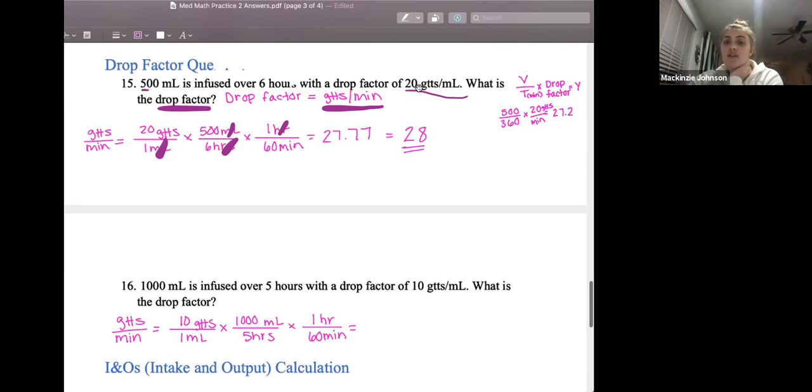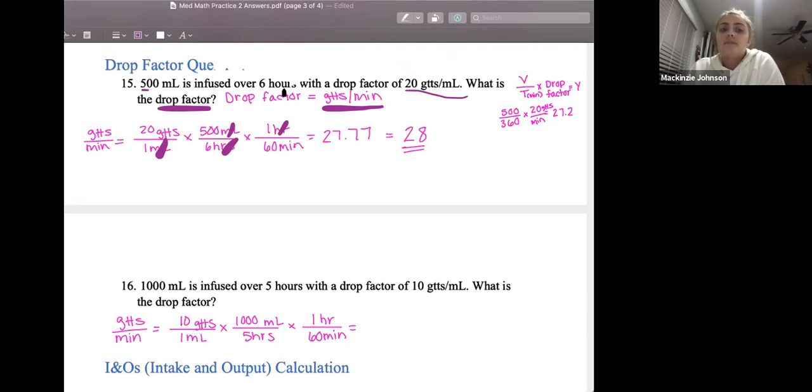It'll always say like 20 drops per milliliter. And unless there's like an hour or something in the problem, it'll just stay with milliliters, but you probably won't encounter it. Well, it won't tell you what the unit is going to be. So you shouldn't run into that problem. I memorized it as 20 GTTS per milliliter.